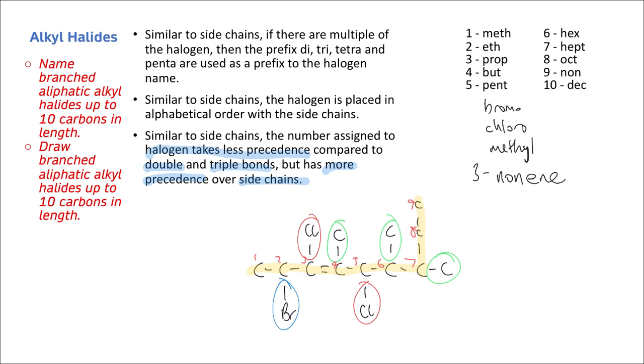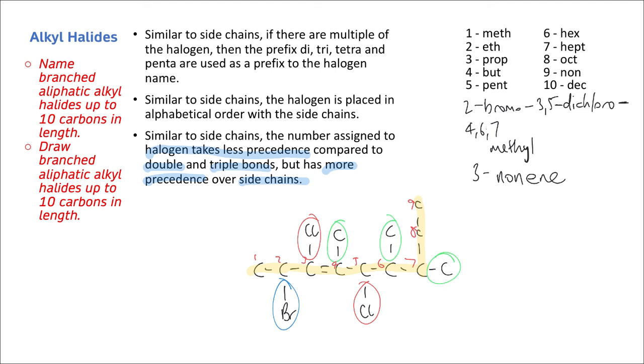We've only got 1, and it's on the number 2 carbon, so it's 2-bromo. Then how many chloros? We've got 2 chloros, so it's a dichloro, but I need to say where the dichloros are, so it's going to be 3,5-dichloro. Okay, then I've got to say where the methyls are, so the methyls are at number 4, 6, and 7, so dichloro, then it's 4, 6, 7, and there should be a dash there.